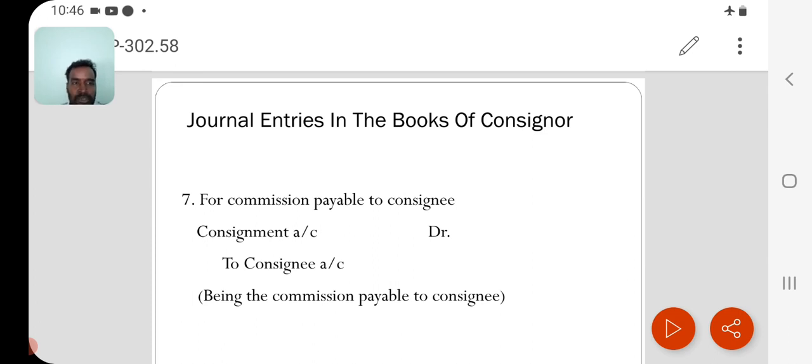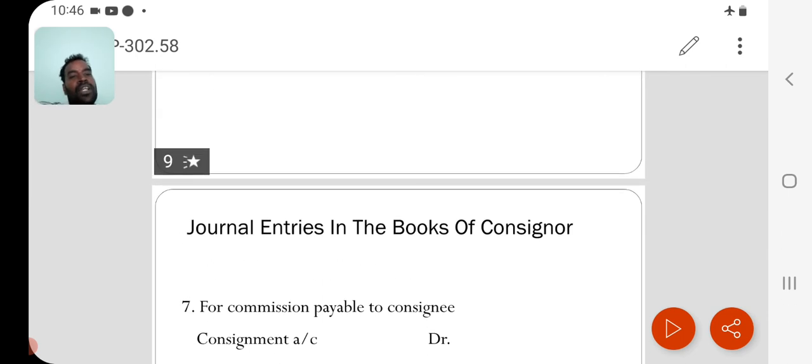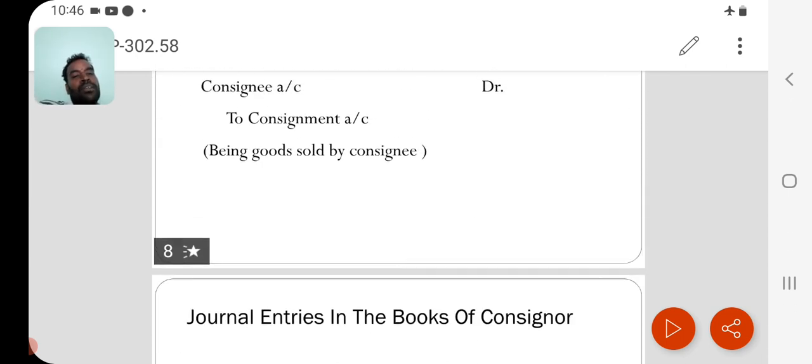It is very easy to prepare when we know the introduction. Without knowing the introduction of consignment, we cannot prepare consignment accounts. For that, we have to concentrate and revise once again. Okay?